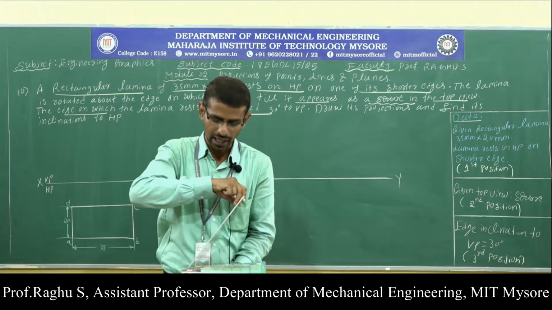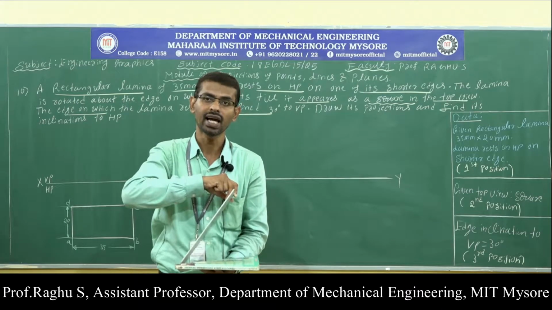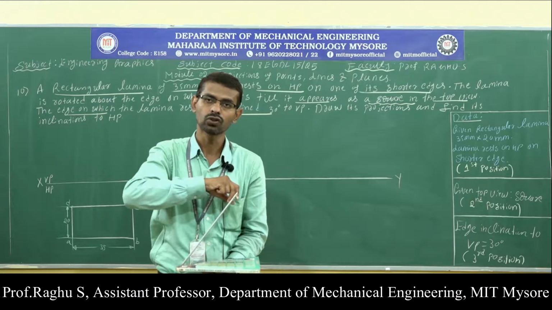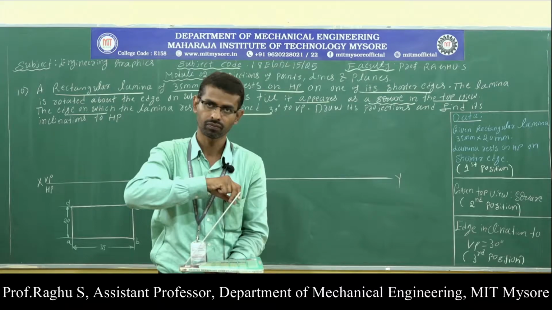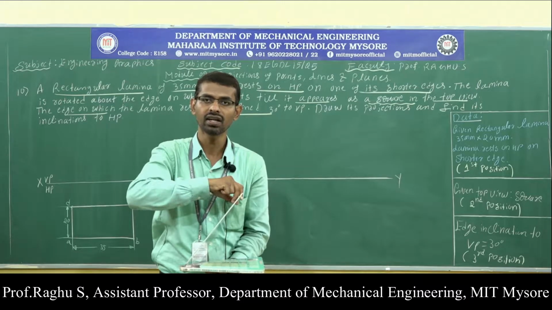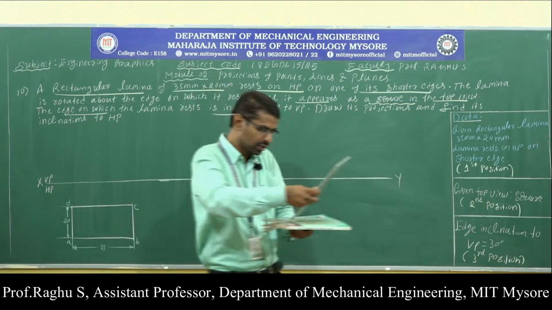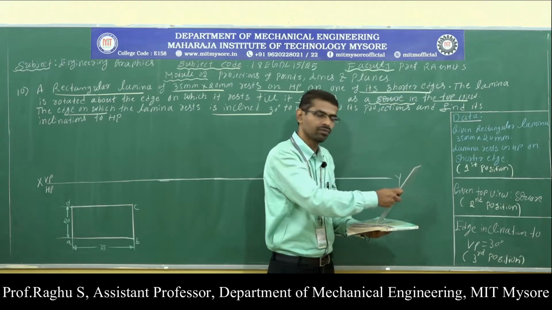Now the lamina appears as a square in the top view. So that data is given, and this data is used for drawing the second position. Next, the edge on which the lamina rests is inclined 30 degrees with respect to VP. Which edge? This one, the resting edge.